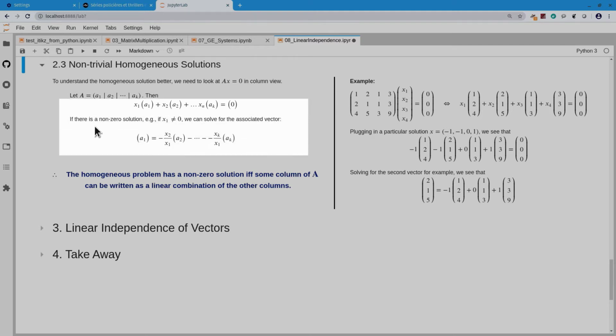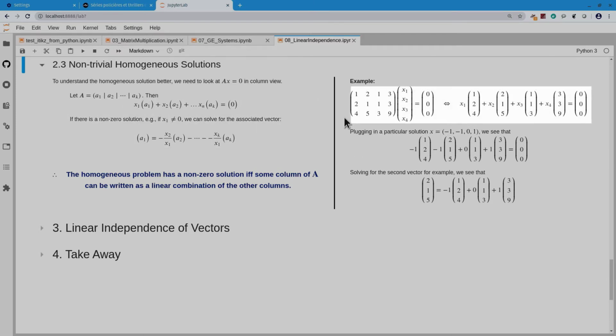Then if there's a non-zero solution, so if there are some x's that are non-zero that satisfy that equation, let's say the first one is non-zero, then I can solve for A1 in terms of the other vectors. So I can say that the first column A is equal to a linear combination of the remaining columns.